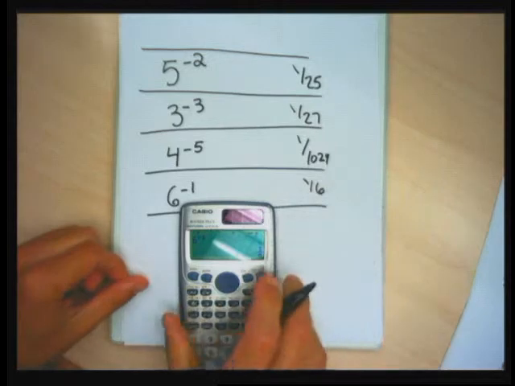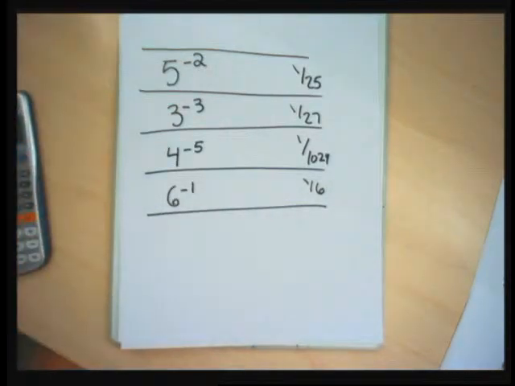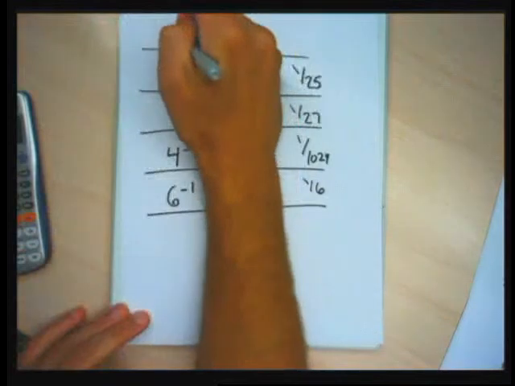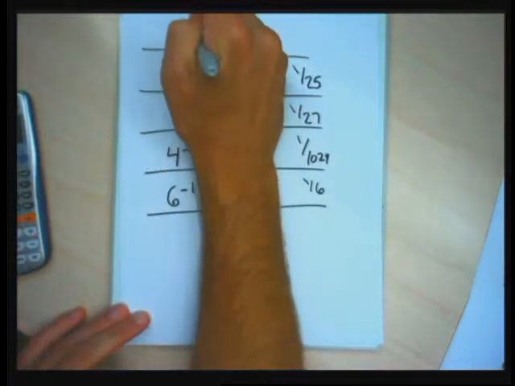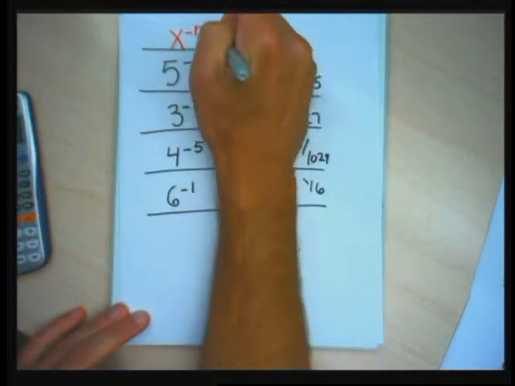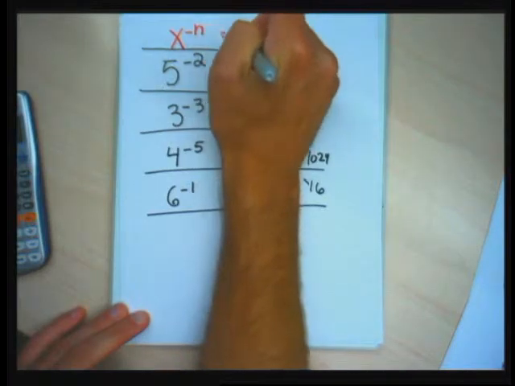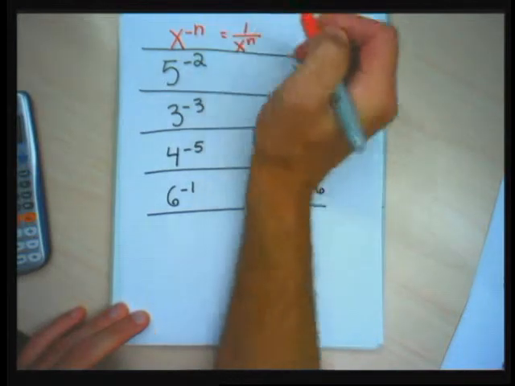You'll notice that every term with a negative exponent reduced to a fraction with a 1 in the numerator. And that's a general rule for negative exponents. In general, we'd say this: x to the negative n power equals 1 over x to the n power.